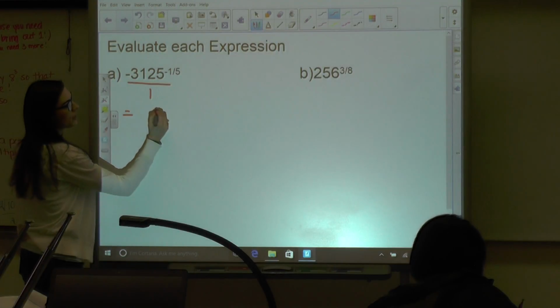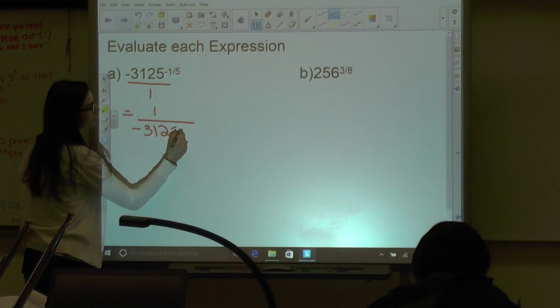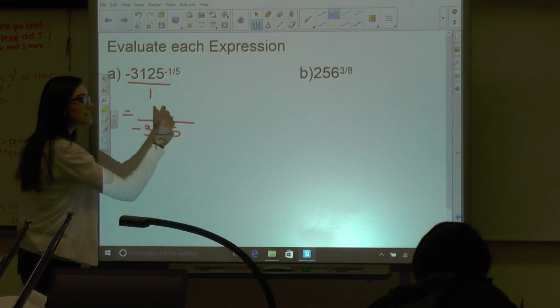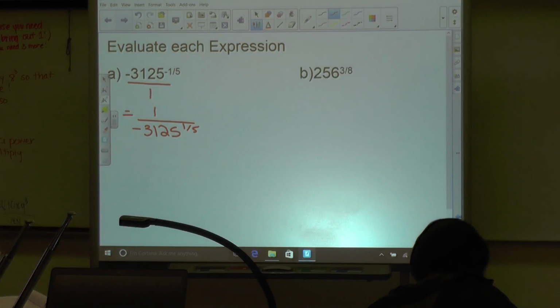Okay. So I have 1 over negative 3,125 to the power positive 1/5. Don't forget to make that positive. Wait, so the regular number wouldn't change when you switched it? No, it does not. A negative on the top and negative on the bottom for that does not matter.